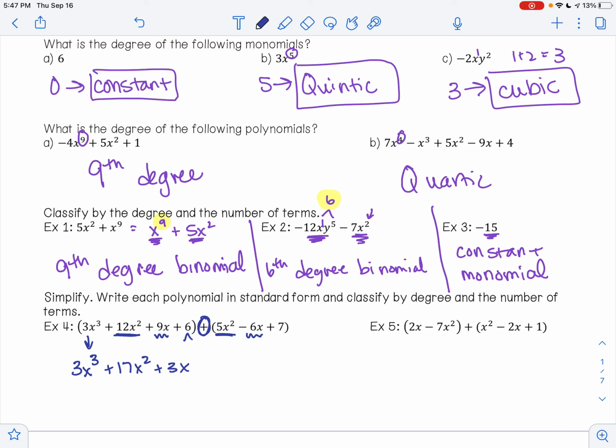And 6 plus 7 is 13. So this is written in standard form because my exponents go from highest to lowest. My highest degree is 3. That makes this a cubic. And then I have 1, 2, 3, 4 terms, so it is a polynomial.